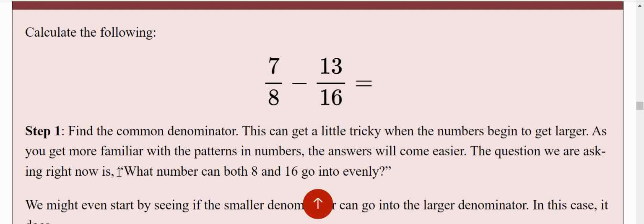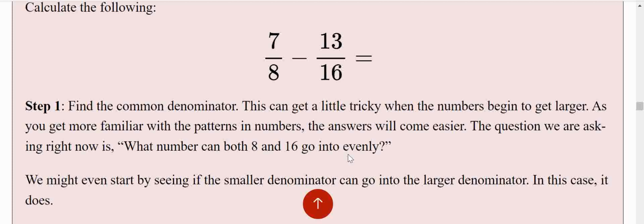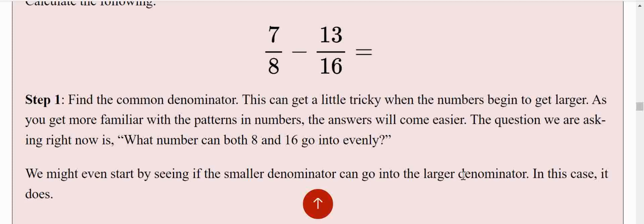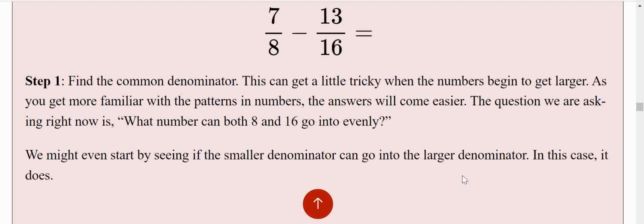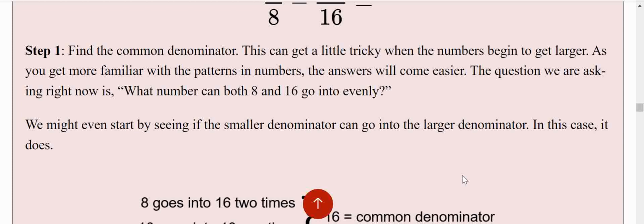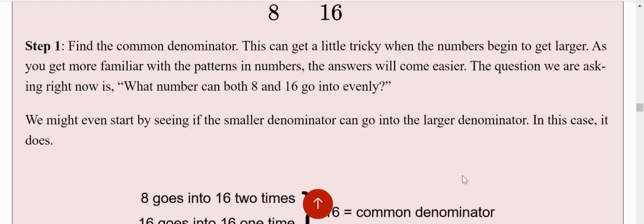Step 1, find the common denominator. This can get a little tricky when the numbers begin to get larger. As you get more familiar with the patterns in numbers, the answers will come easier. The question we are asking right now is, what number can both 8 and 16 go into evenly? We might even start by seeing if the smaller denominator can go into the larger denominator.